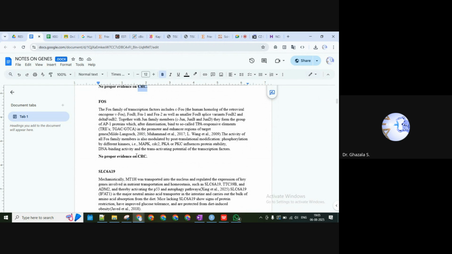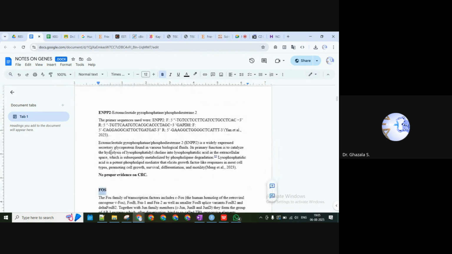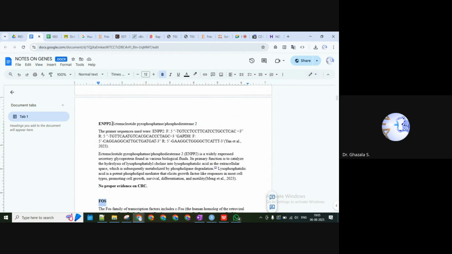Now we need to correlate them based on the network that we are making and the protein interaction network that we performed in the last class, so that we can say whether the FOS gene is correlated or co-expressed with ENPP2 or not, whether in colorectal cancer or any other cancer.